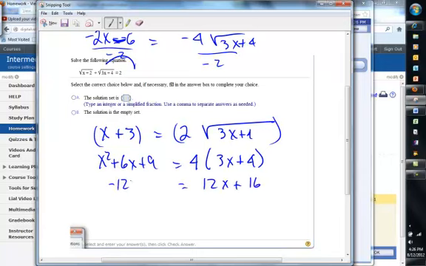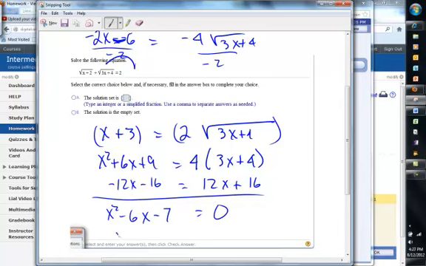So let's subtract 12x from each side and 16 from each side, and we get x squared minus 6x minus 7 is 0. So x minus 7, x plus 1 is 0. So x equals 7 or negative 1.